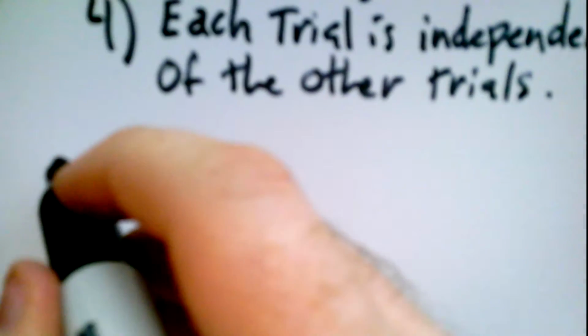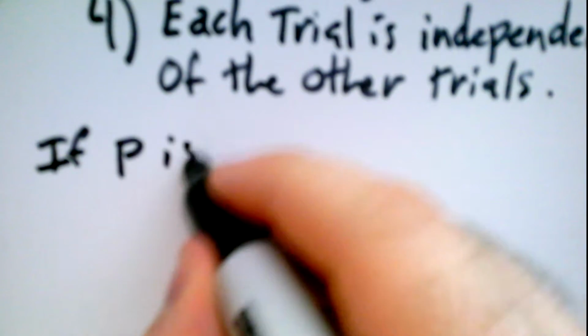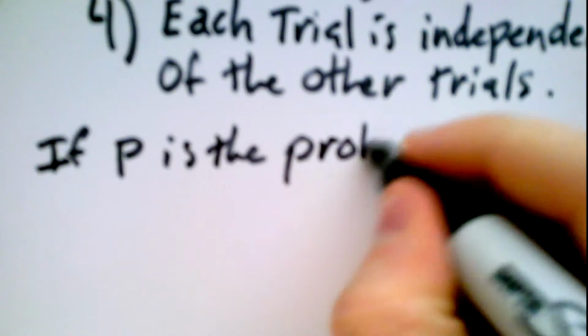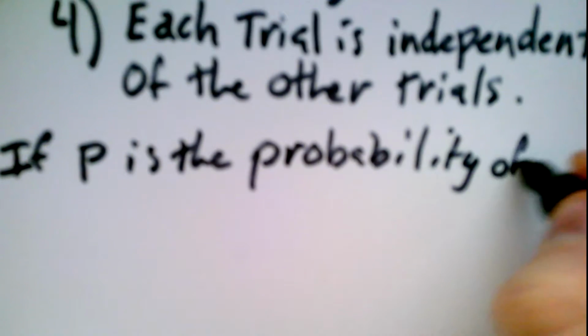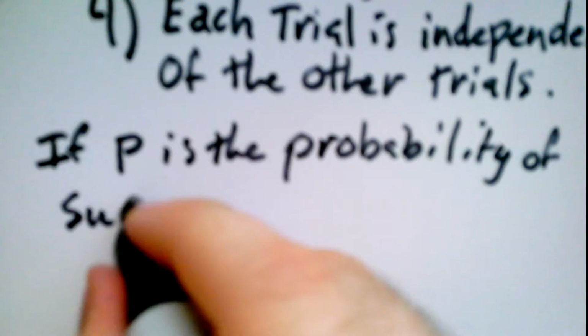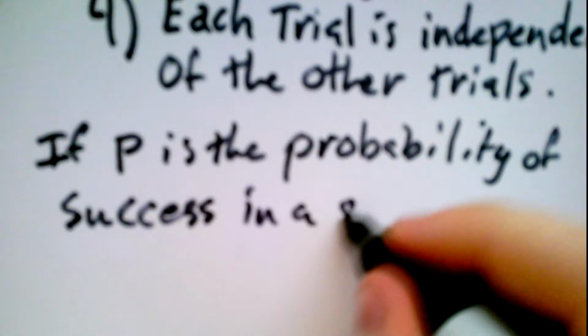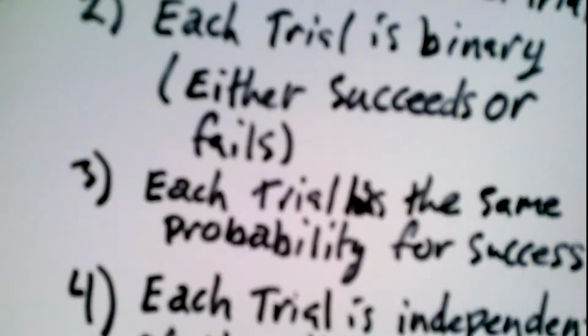So, if p is the probability of success in a single trial, mind that number 3 says that being success for a trial means it's the same probability of success for all trials.